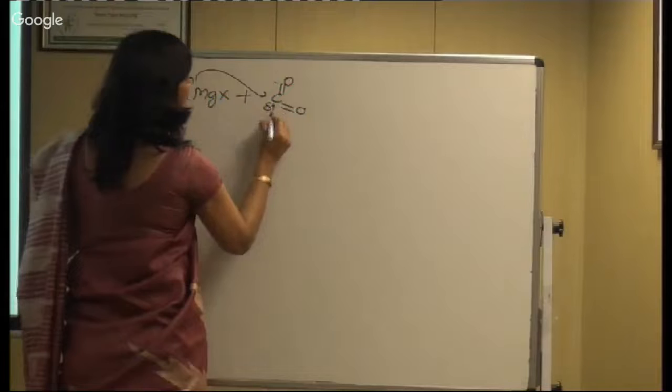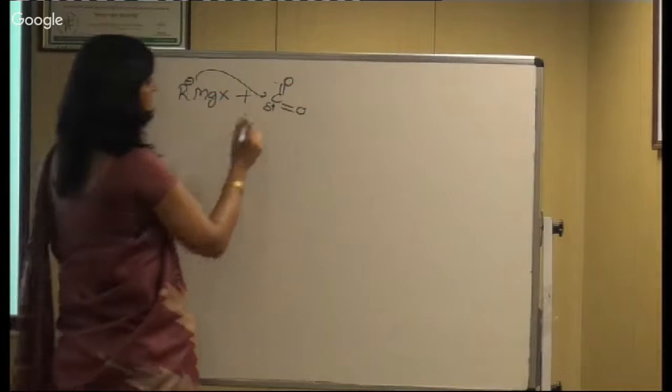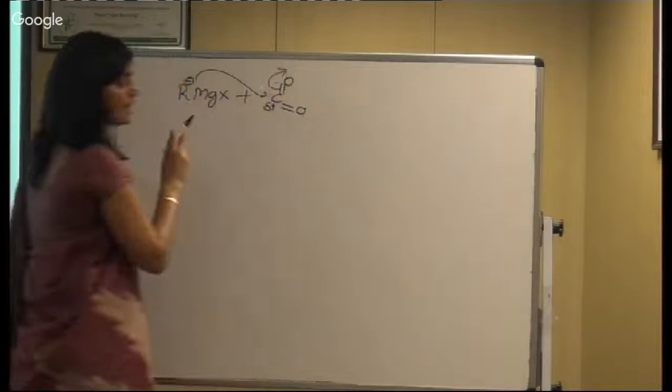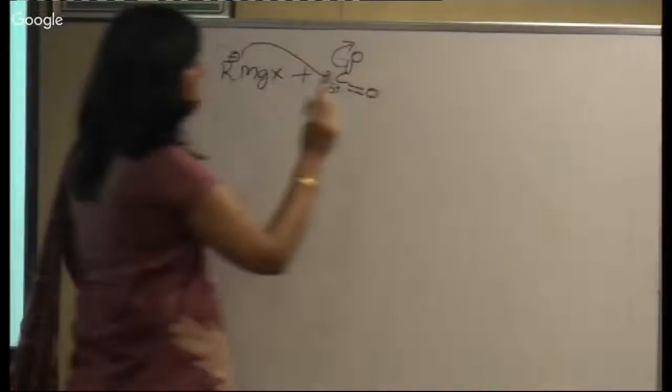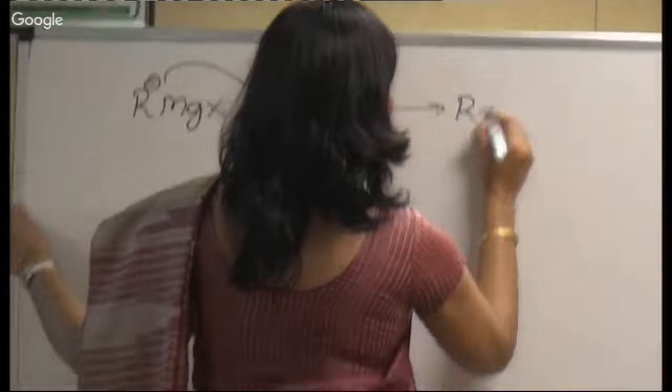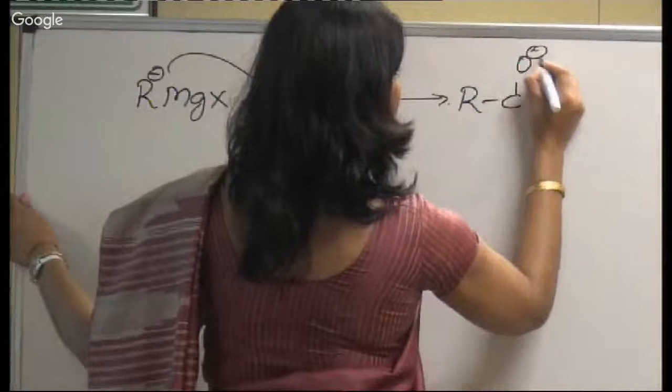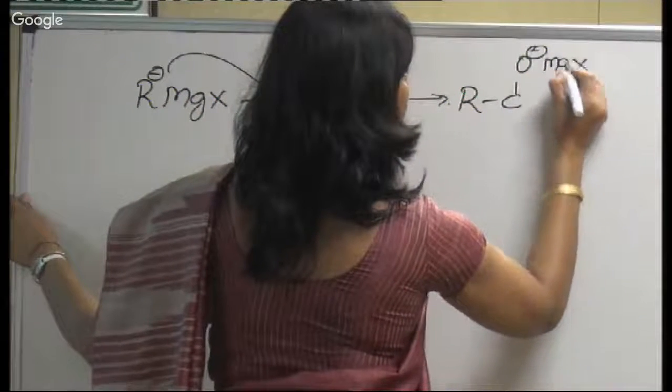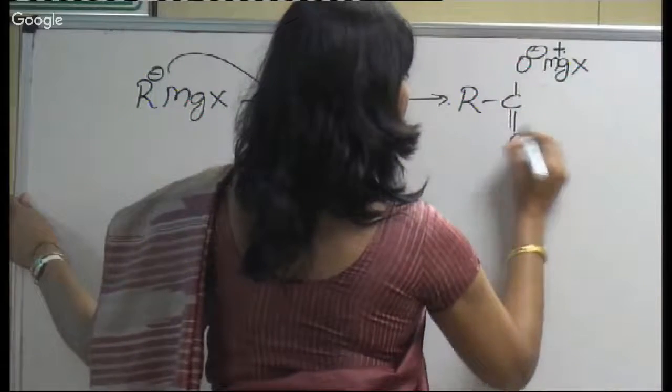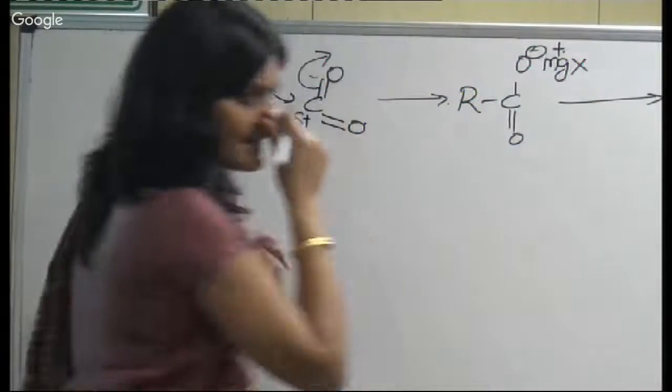Because the carbon here is electropositive, you have a nucleophilic attack taking place on this electropositive carbon, and it will generate a carboxylate salt.